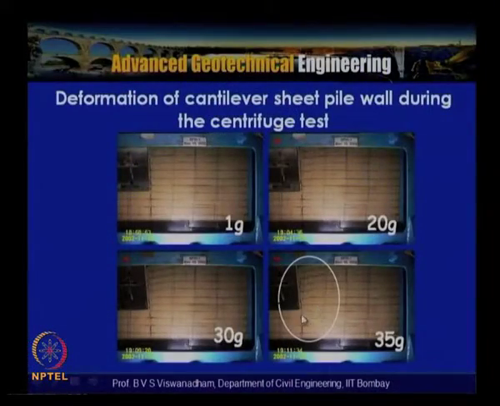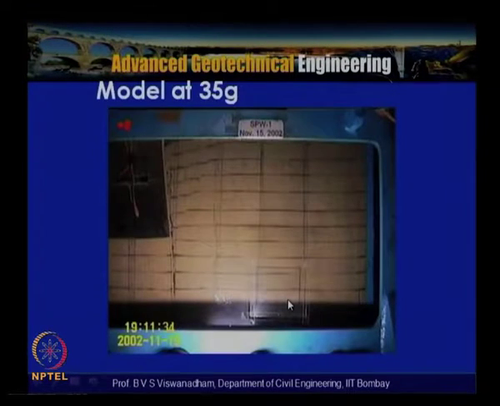In case you have flexible sheet pile walls which are very weak in nature, you have a situation like the formation of a plastic hinge, and the development of the rupture lines can be seen very clearly here. The close view of the picture at 35 gravities is shown here.